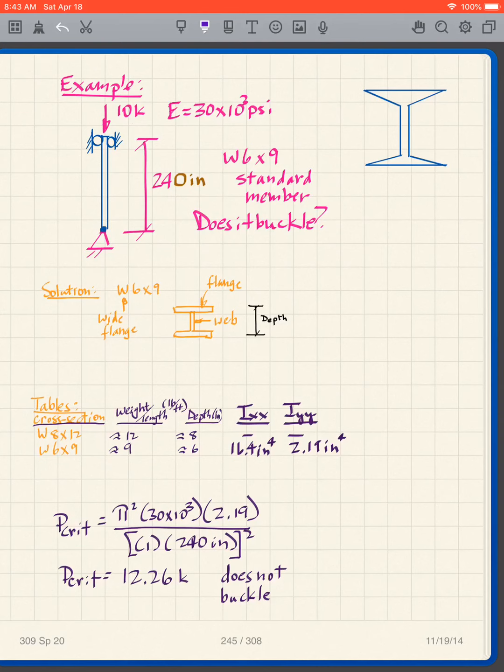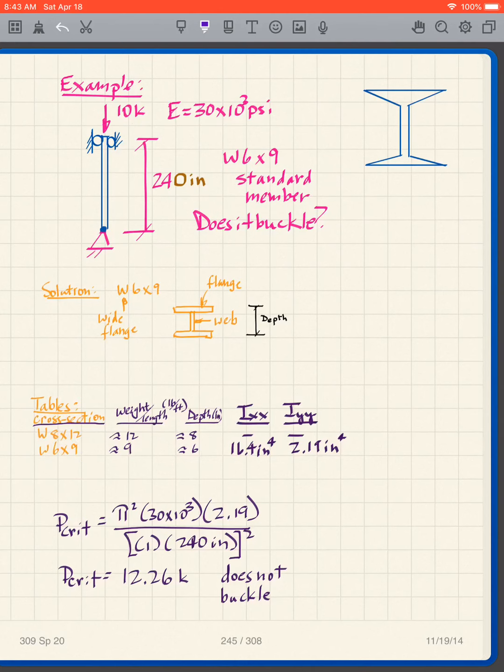In other words, W6x9 weighs approximately 9 pounds per foot. The depth of a W6x9 is approximately 6. Not exactly 6, but it's approximately 6. So when I give you W6x9, you know that the depth is approximately 6, the weight is approximately 9 pounds per foot.